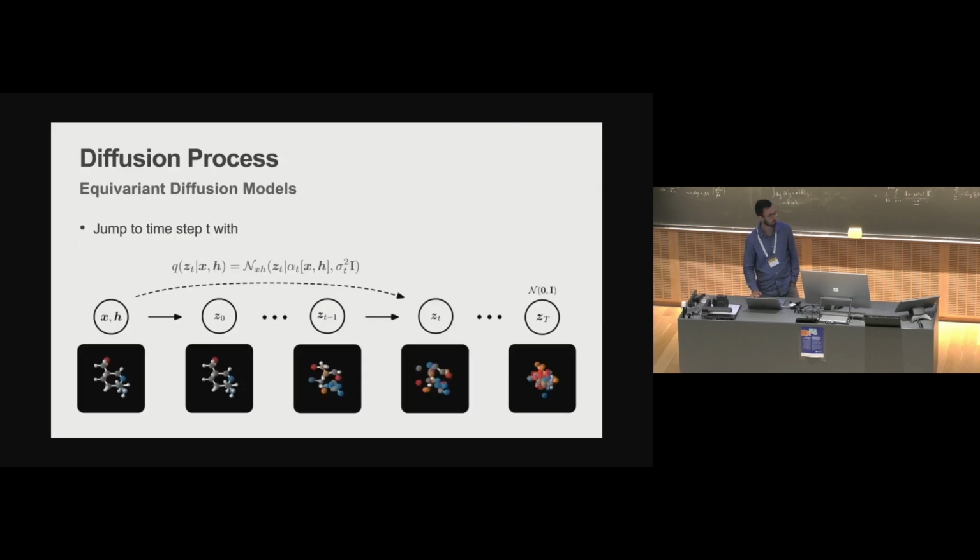Sorry? Yes? Question here. So the molecule is not represented as a graph, but as pure XYZ positions and the atom type? Yeah, exactly. Okay, so you don't know if there are chemical bonds between the atoms? Yes, the molecule is represented as a point cloud. So it's basically the X coordinates and the atom types. And when plotting this, the bond information is just obtained from this representation. Given a pair of atom types and the distance between them, we assume whether there is a bond or not.